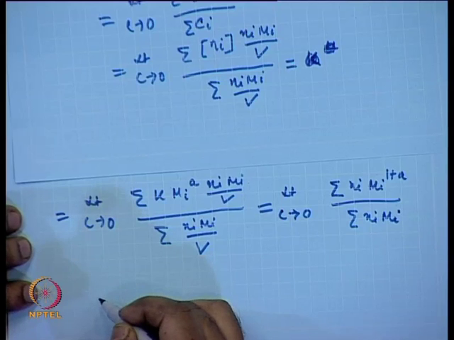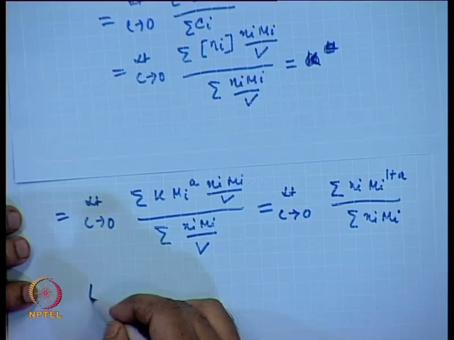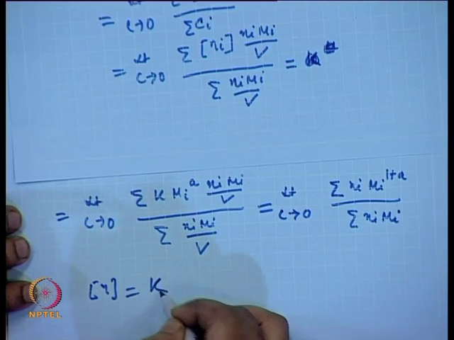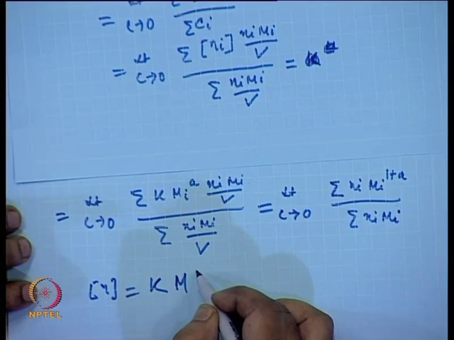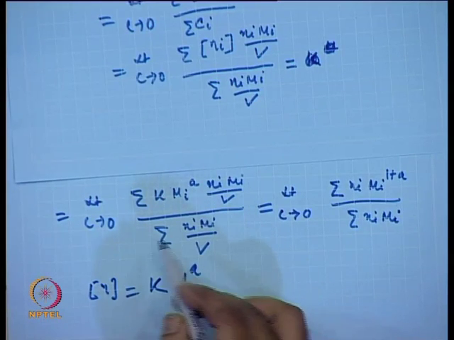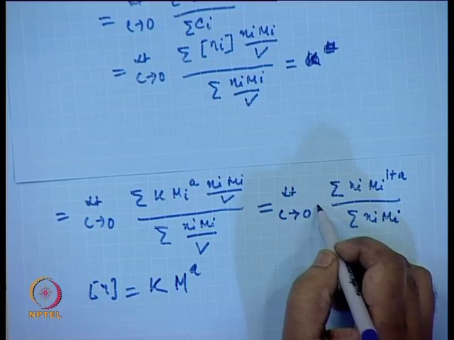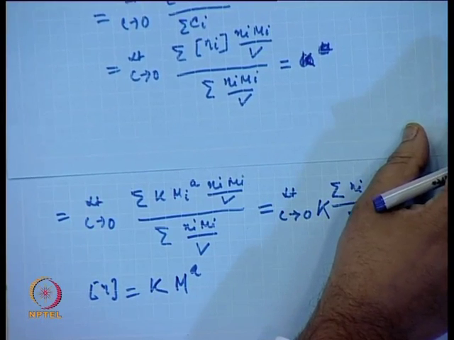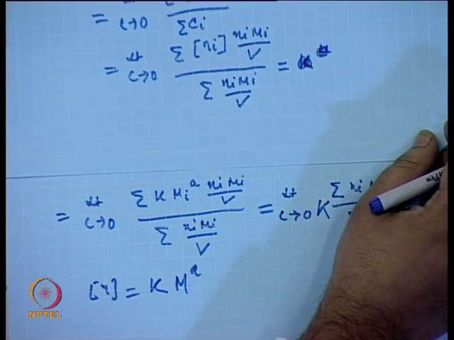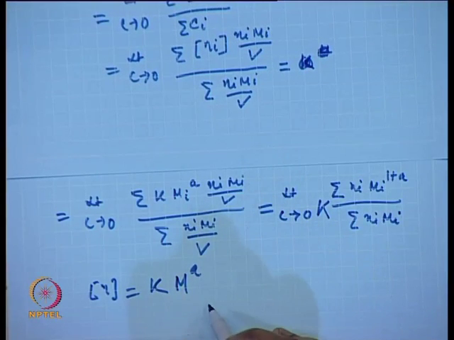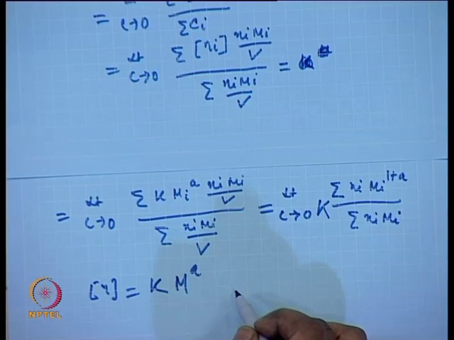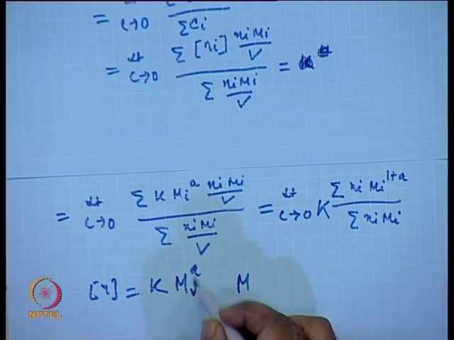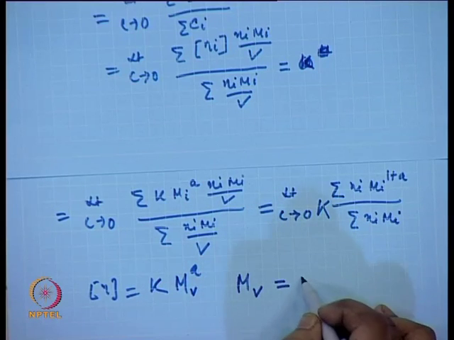Now, intrinsic viscosity is K M_v to the power a. If you compare these two expressions, then we can find M_v.